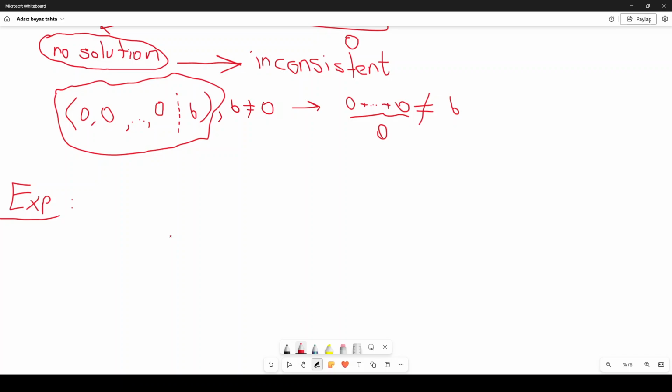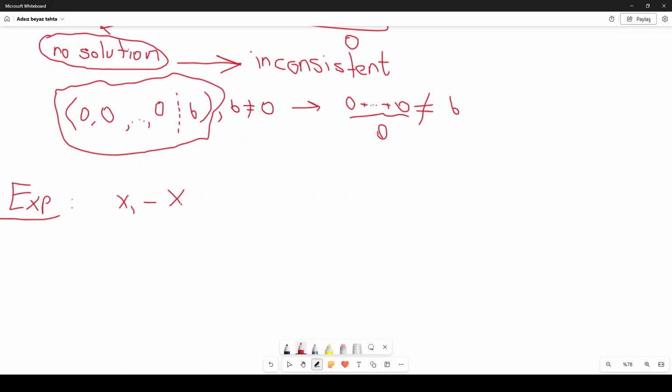We check all the rows, and we want to see if we have a row in this form: a bunch of zeros up to the right hand side value which is not equal to 0, giving a false result. Then we say that the system is inconsistent. Okay, let's look at another example.